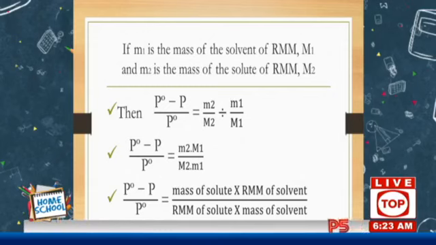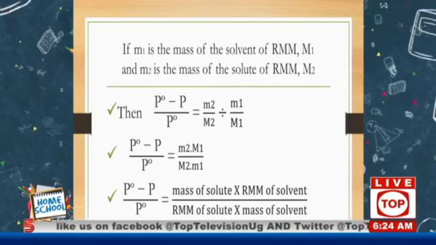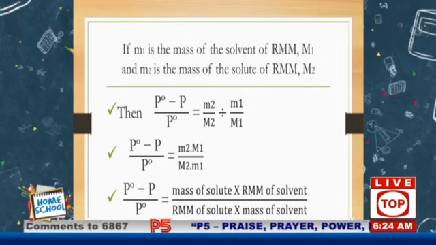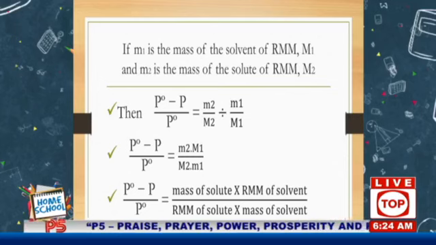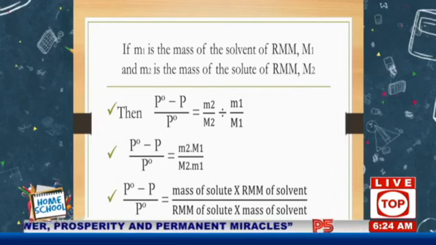So if you look at what is above, if small m1 is the mass of the solvent and capital M1 is the relative molecular mass, then small m2 is the mass of the solute, and capital M2 is the relative molecular mass of the solute.